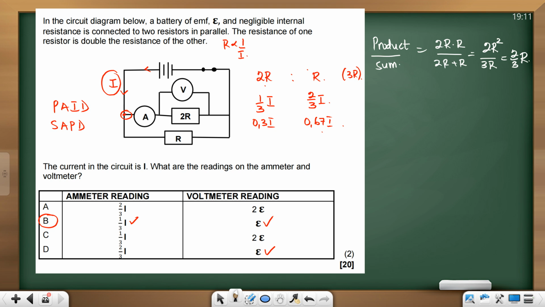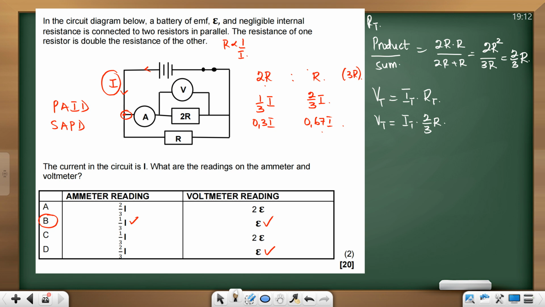Lovely. That's my total resistance, R total. And what is V? V total is I total multiplied by R total. So the V total will be I total times my R total, 2/3R. Are you with me there?